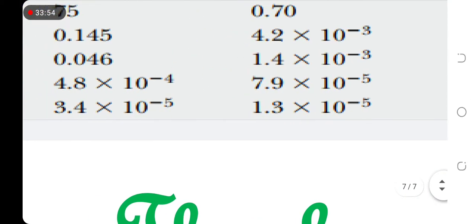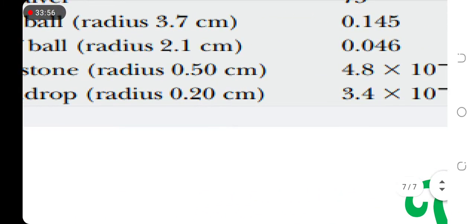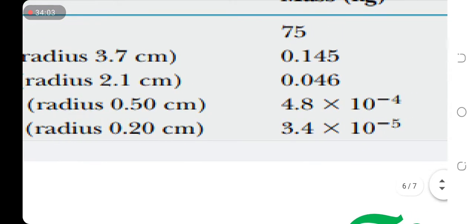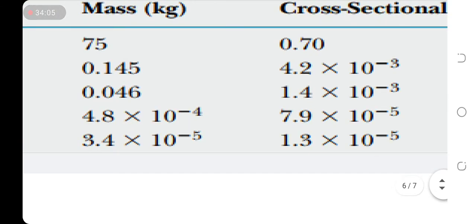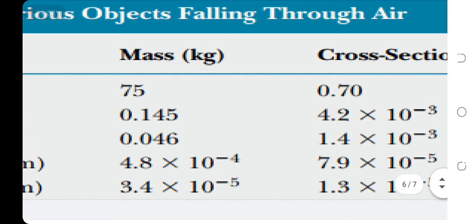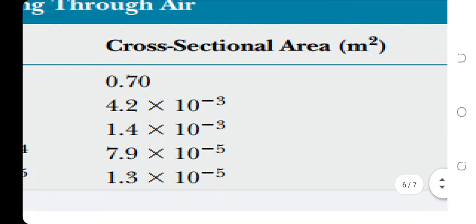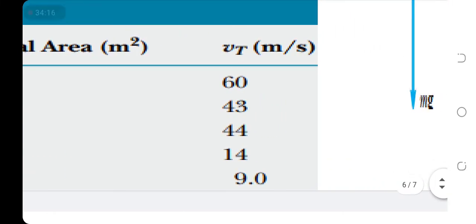Similarly, in the final example, we see the raindrop that is very small in size, 0.20 centimeter, the value of mass is 3.4 multiplied by 10 raised to minus 5, and the terminal velocity becomes 9.0.